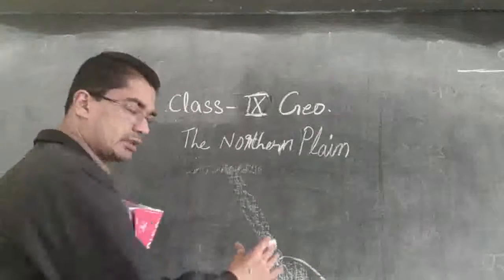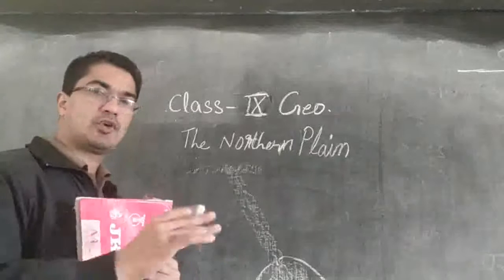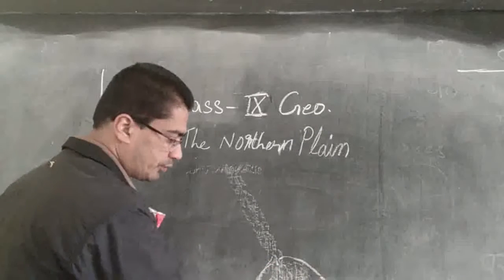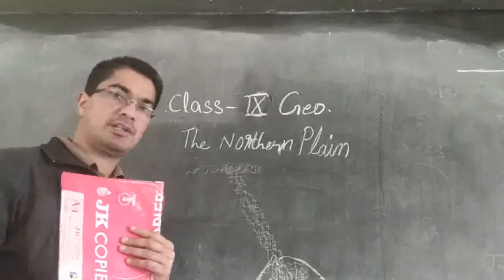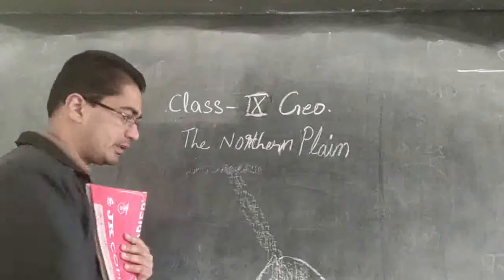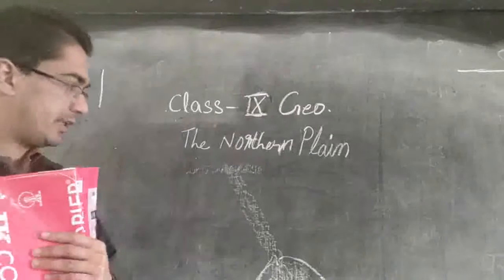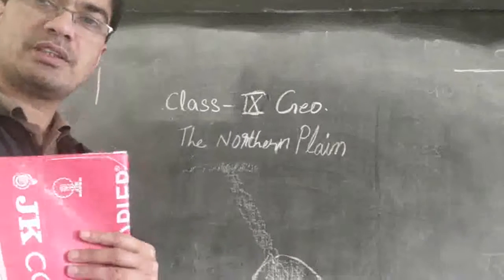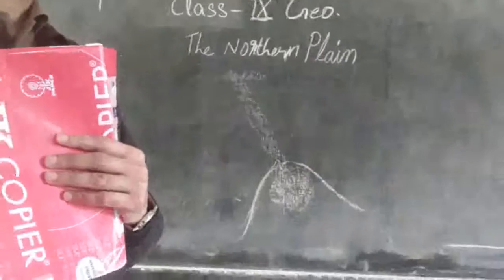So, this river gets divided into so many tributaries. It will go this way. So, this place will remain like an island. That is called a riverine island. I hope you understood.